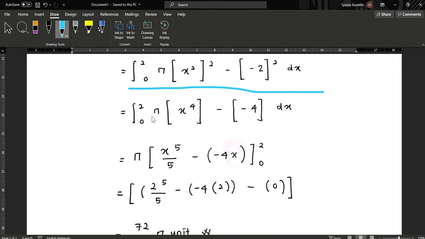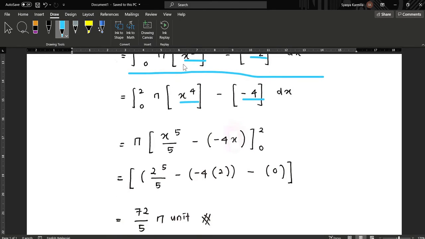So expand this value and it will become x to the power of 4 minus, and this negative 2 squared, it become 4. And substitute at this and it will become x to the power of 5 over 5 minus 4x.